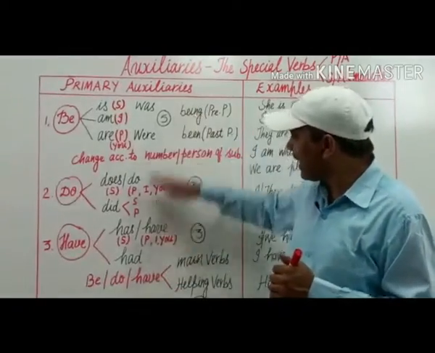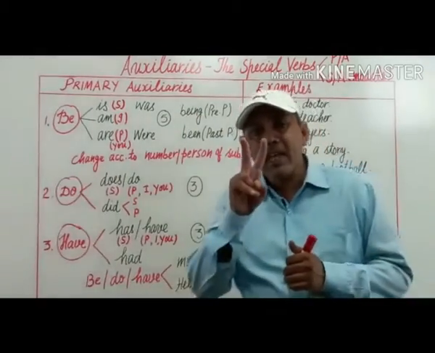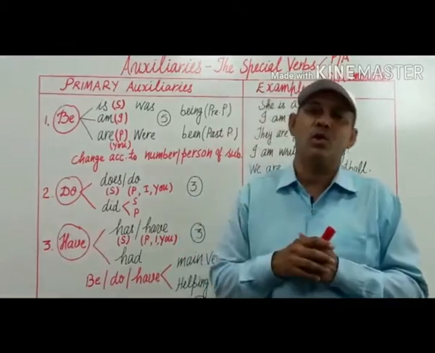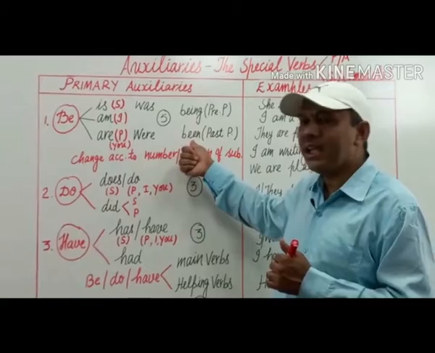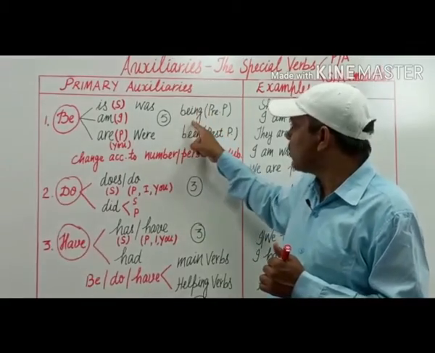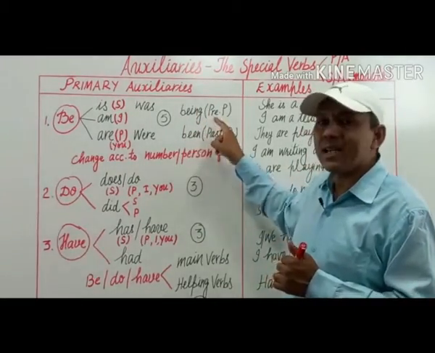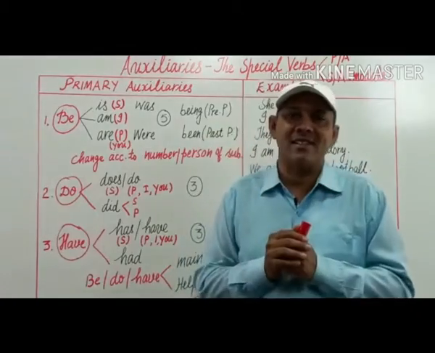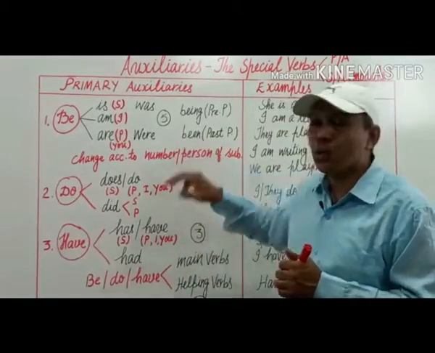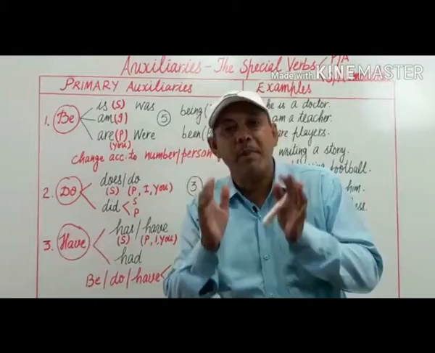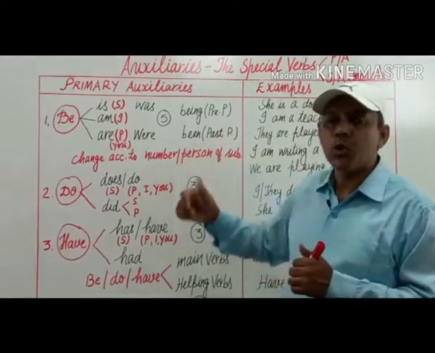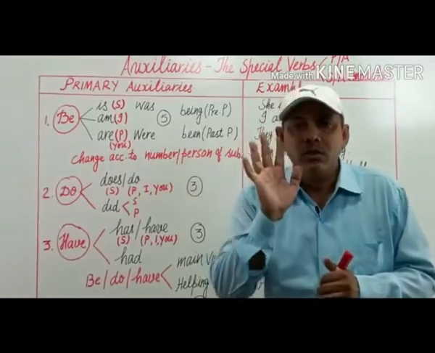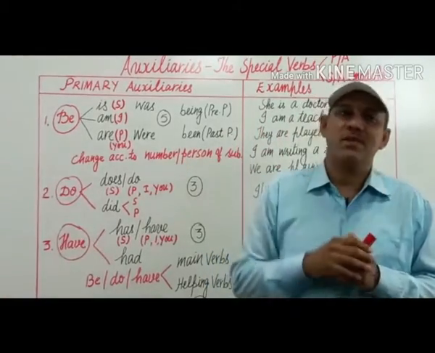Apart from these 11 forms, be has 2 other special forms also, that is being and been. Being is used as a present participle in sentences and been is used as the past participle. In this way, 11 plus 2, these have 13 different forms.